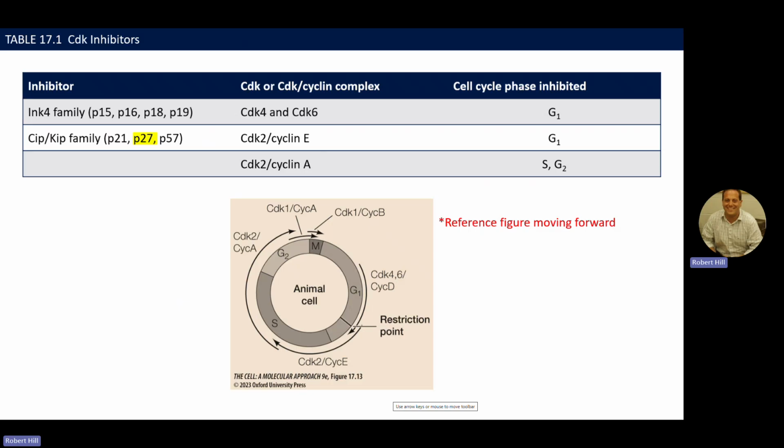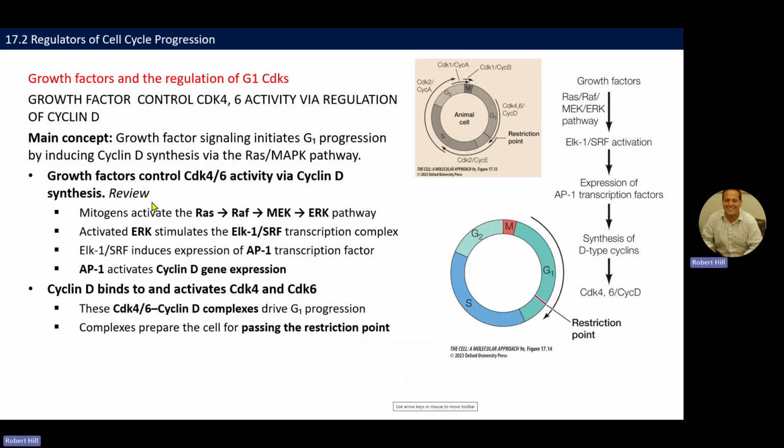Like cyclins and CDKs themselves, they are regulators of cell cycle control, but think of them as only being in play under abnormal conditions. It's the CIP/KIP family that are more prevalent. They're involved in both G1 and S/G2, moving forward.